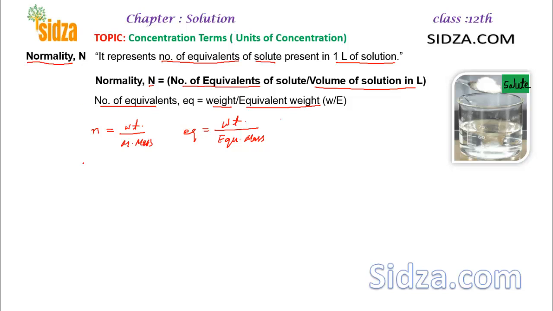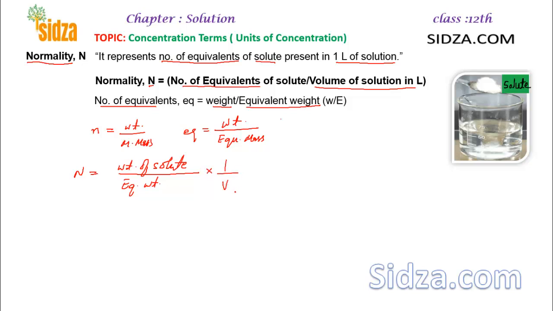Now we can get the normality equation. Normality is the number of gram equivalents of solute, that means the weight divided by the equivalent weight. So it is the weight of solute divided by the equivalent weight of solute, times 1 by volume.